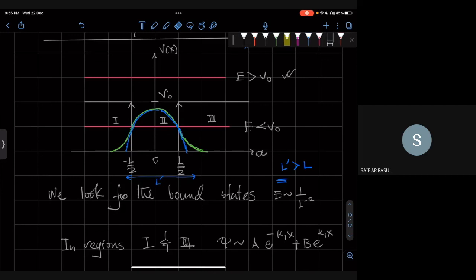Because L would be smaller, and therefore E would be higher. Whereas the finite well, its energy is actually equivalent to the energy of an infinite well which is slightly larger. Okay?